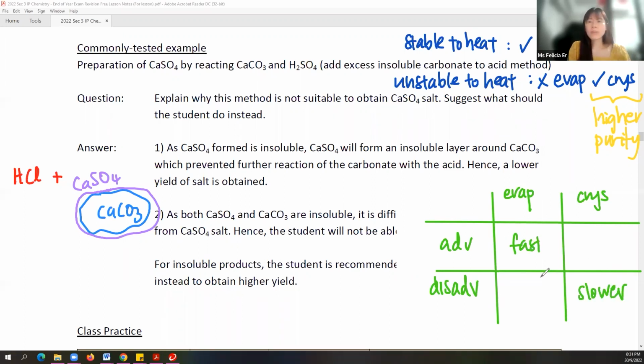But there is no one best method on earth. If it is fast, that means it will be lower purity. But crystallization, although it's slow, why do we still use this method? It's because it's higher purity. That's why for my method here, I mentioned crystallization to be more pure.